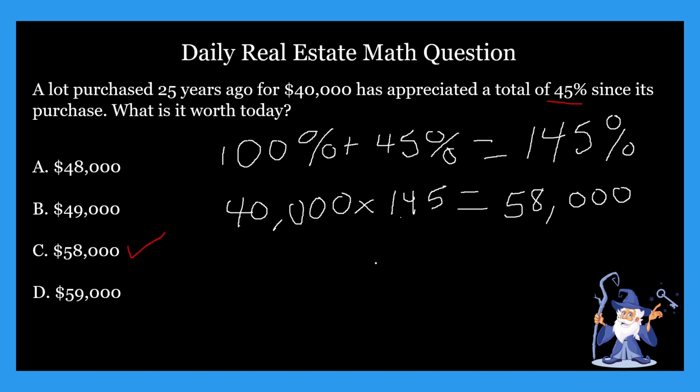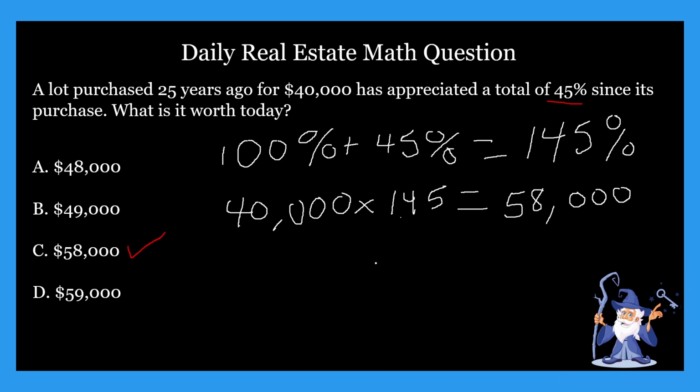Now, of course, I do have to mention, and I mentioned this on a couple other videos, there are different ways to do these appreciation and depreciation problems. If you remember from grade school, some math is commutative, which means you can do it in different ways. Certain problems like this, you can get the answer multiple different ways.